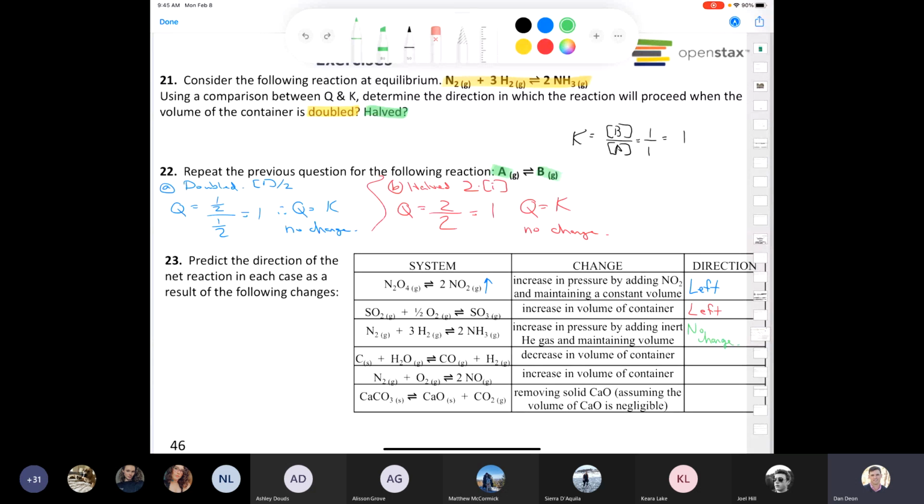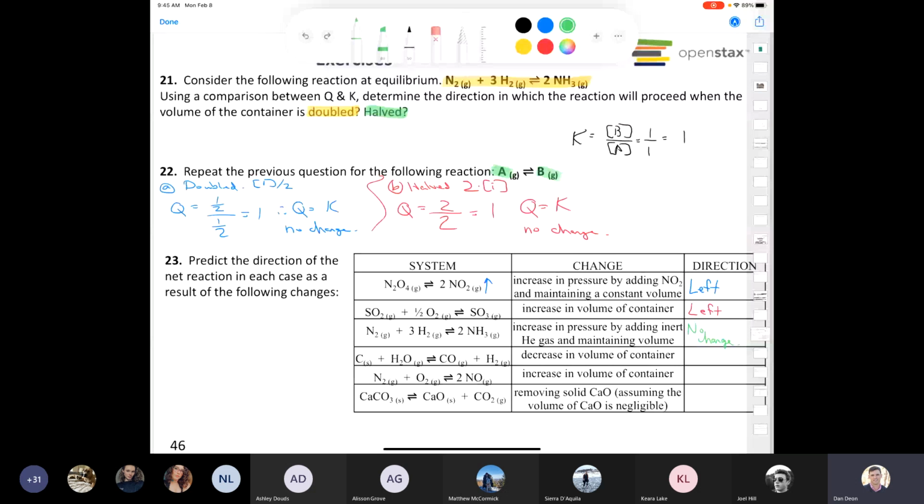Look carefully. So if I decrease the volume of the container, if I make it smaller, it's going to go to the left.